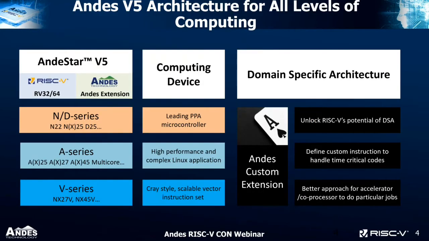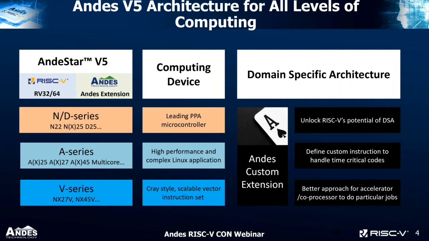So just a quick overview of terminology and products. At the top, we have our own architecture called AndeStar V5, which incorporates RISC-V architectures plus Andy's specific performance extensions. Below that, we have processors called N series, which are more of a microcontroller, D series, which have DSP extensions, which are RISC-V P extensions enabled.